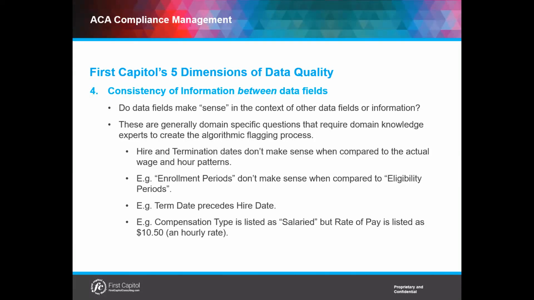And so there are these discrepancies that exist, and it's important to be identifying those discrepancies between the hire and term dates and the wage and hour patterns. Other examples are discrepancies between the enrollment periods and the eligibility periods. So again, these are all algorithmically flagged. It makes it much easier to catch discrepancies if you're able to do it in an automated fashion, as opposed to having to go employee by employee. So next slide.